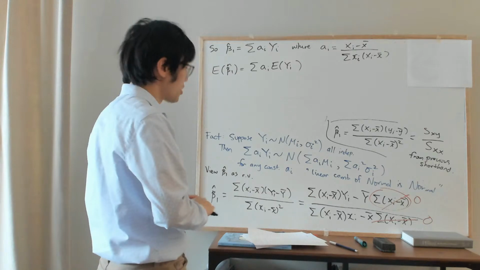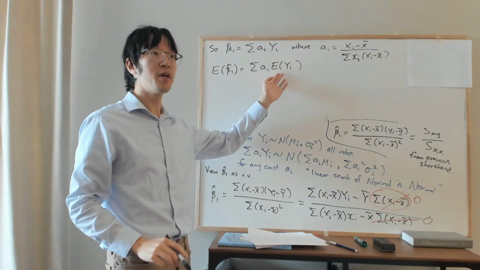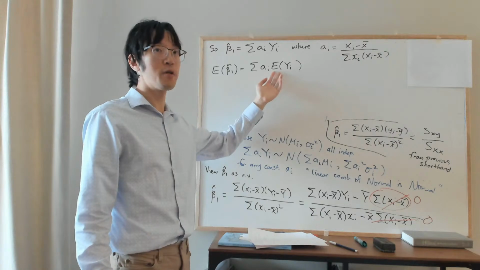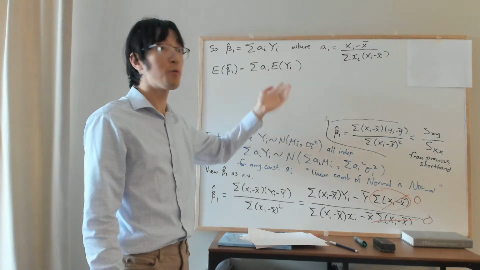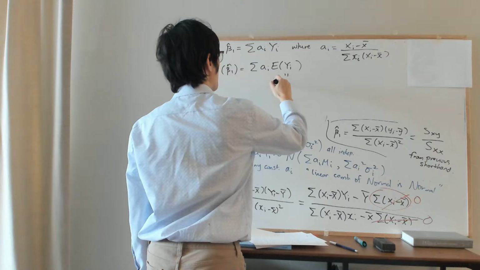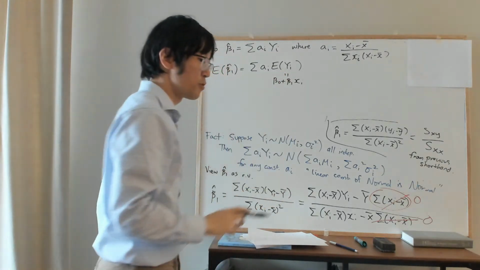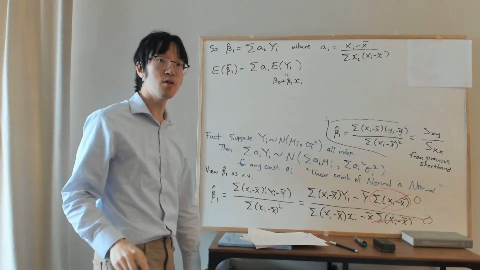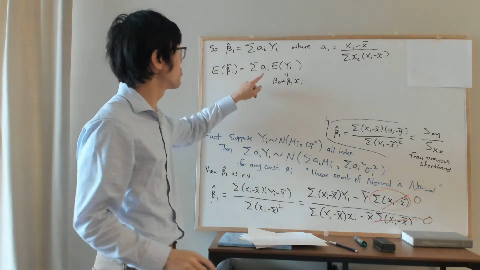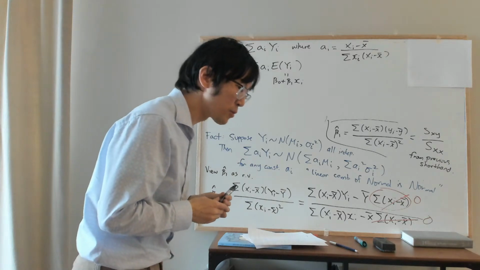And then I just need to plug in, well, what is the expectation of yi? Remember in the model, what gives the mean of yi? Well, it's the value of the regression line. So this is beta 0 plus beta 1 xi according to our hypothesized linear model. So we can plug that in, and then we're going to use this value of ai, and then we're going to simplify everything.